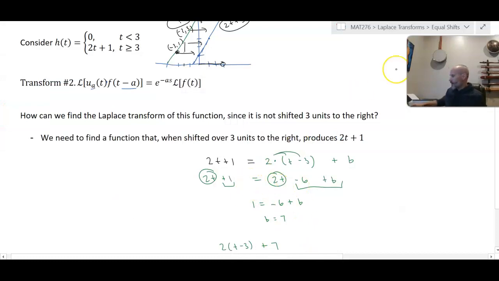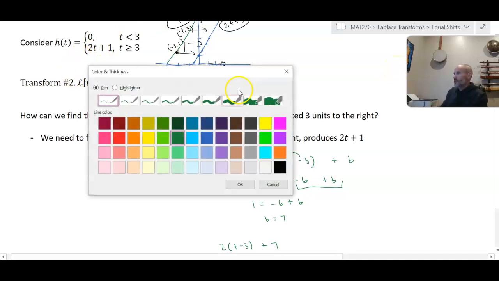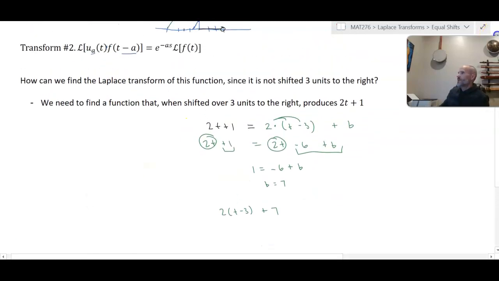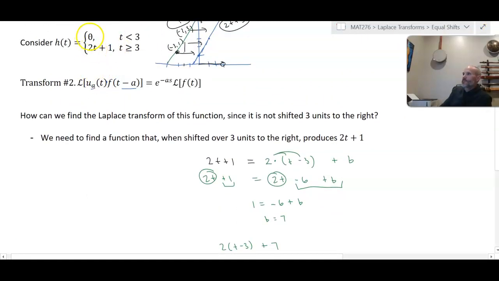And now, when we write our Heaviside function for h of t up here, let's realize this is similar to our previous examples where we can think about this as 0 and then 1 times 2t plus 1. But we're going to replace 2t plus 1 with 2 times quantity t minus 3 plus 7.